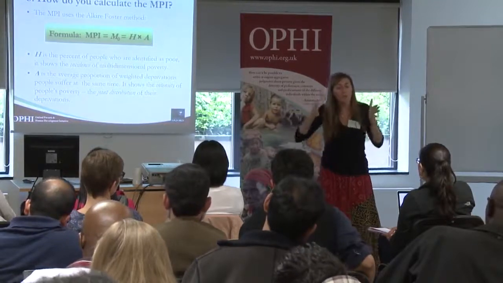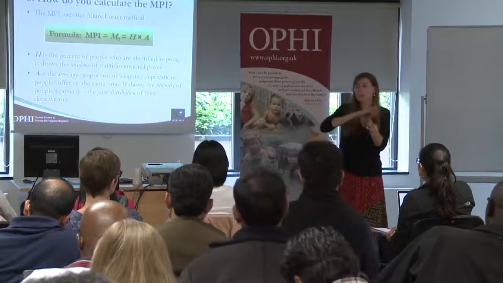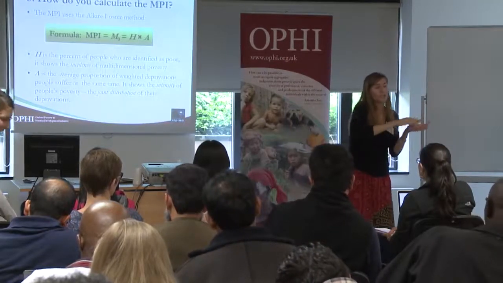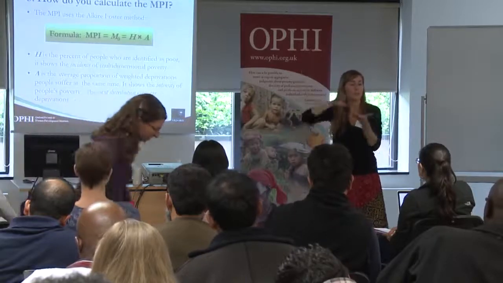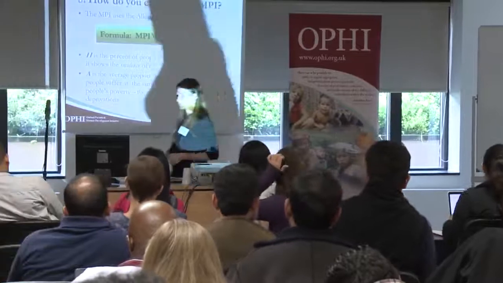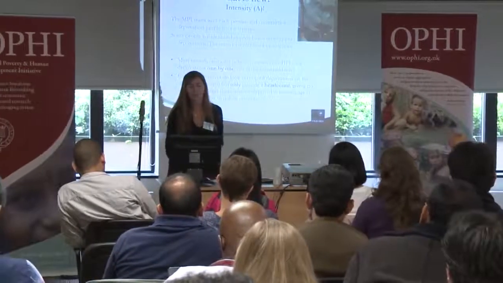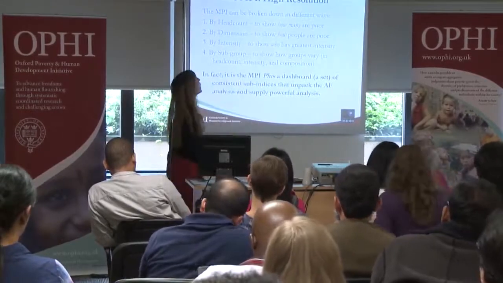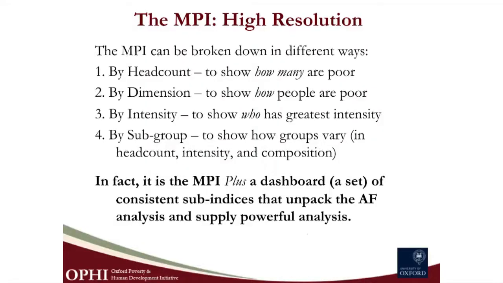Again, if we are only looking at people who are deprived in 33% or more, the average has to be between 33% and 100%. It could never go below, right? Good, very good. Okay, so I'm going to skip this, and go directly to this. So now you have the MPI, which is the product of these two terms.